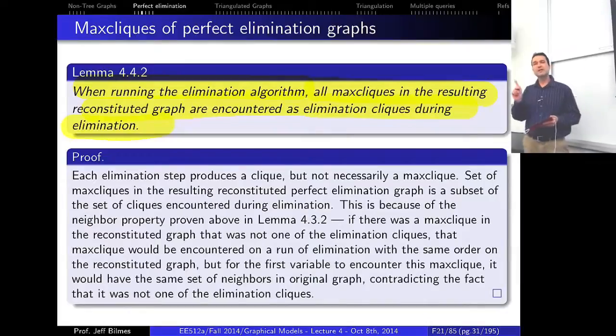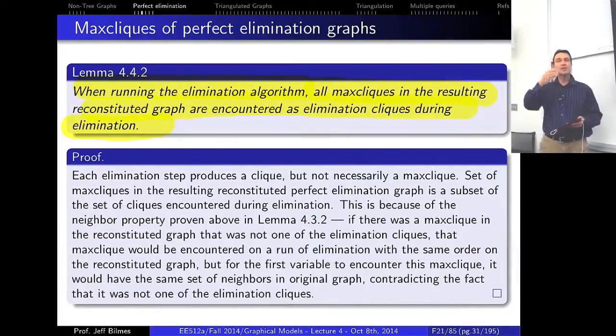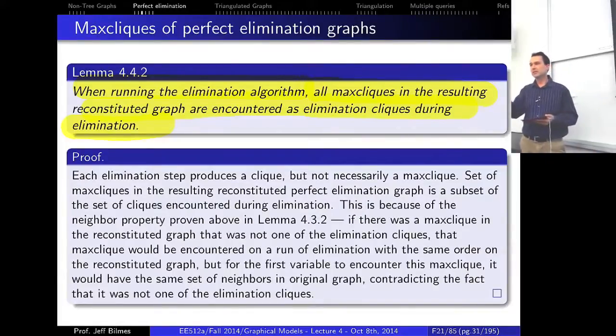So first of all, let's remind ourselves what an elimination clique is. When we're eliminating variables, we're about to eliminate this variable, so that variable and its neighbors become completed. So that becomes a clique. And that is what we're calling an elimination clique.